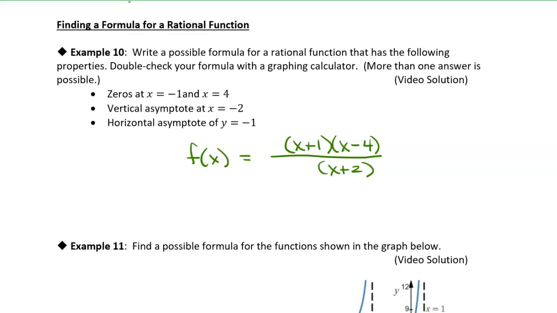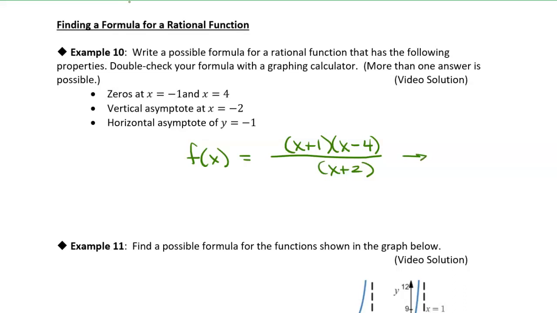Remember, horizontal asymptotes have to do with the long run behavior of the function. So we're looking at what happens as x goes to either plus or minus infinity. And remember that in order to look at the long run behavior of a rational function, we just look at the leading term of the numerator over the leading term of the denominator.